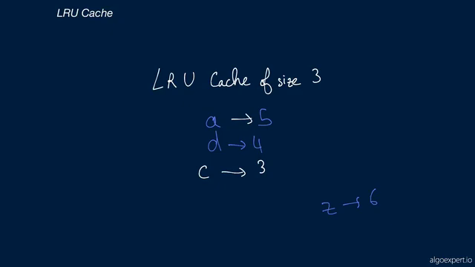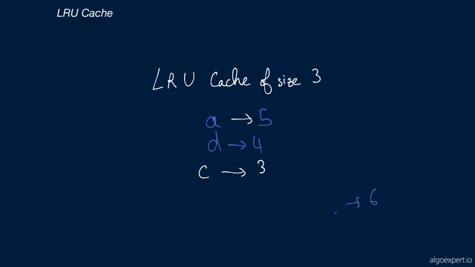We would maybe store some kind of timestamp on every key value pair, and then we'd have to iterate through all of the key value pairs in the hash table to find the most recent or the least recent one by timestamp. But that would be an O(n) operation, right? We'd have to iterate through all the key value pairs. So maybe a hash table isn't the solution here.